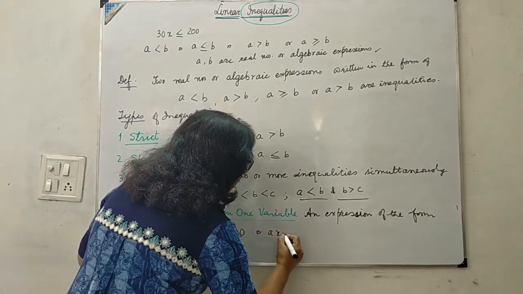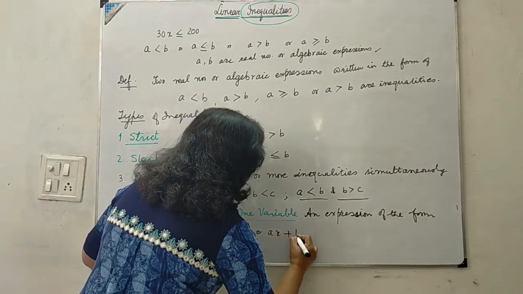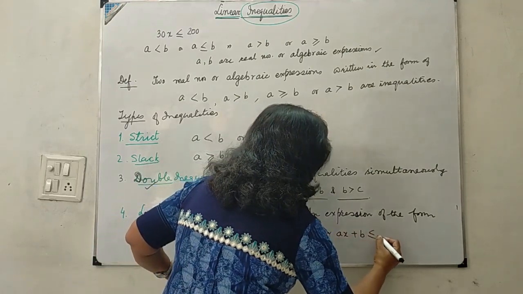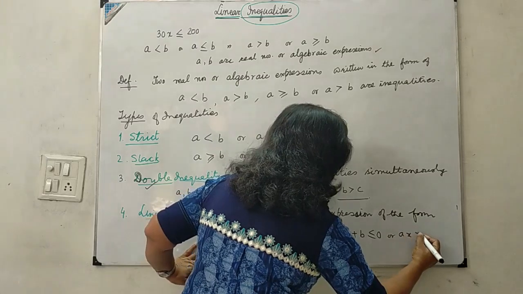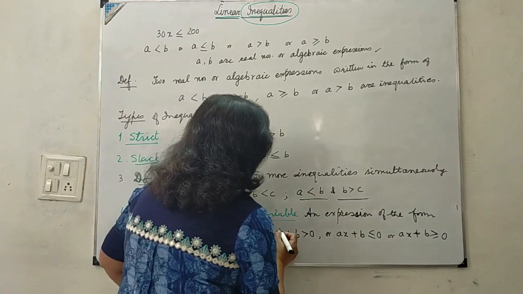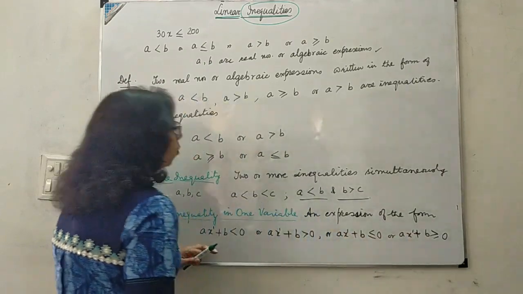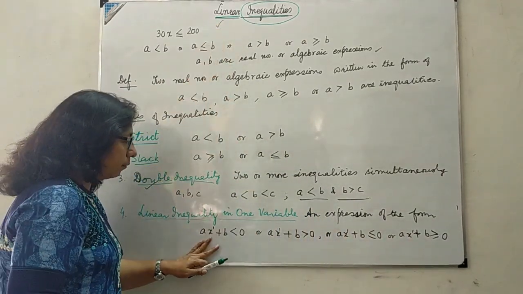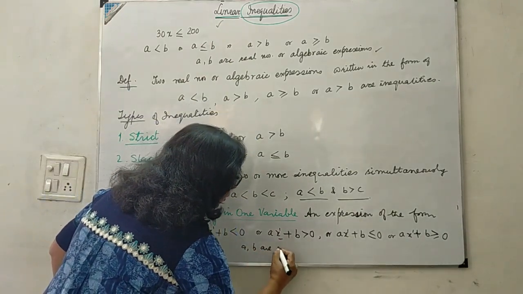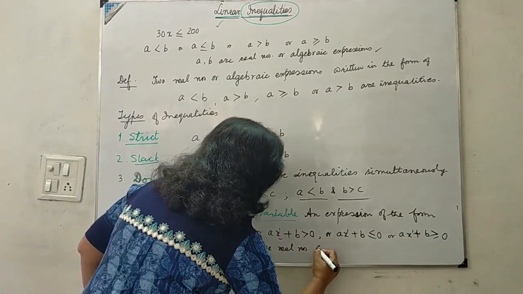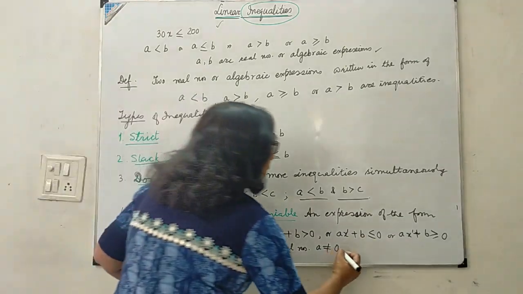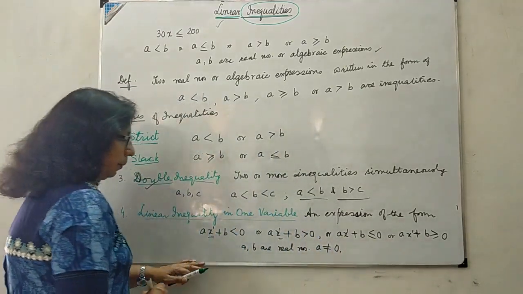Or ax plus b greater than 0, or ax plus b less than or equal to 0, or ax plus b greater than or equal to 0. All have x to the power 1, that is why they are called linear, and in one variable because there is only one variable, where a, b are real numbers and a is not 0, only then it is the term x, and b can be any real number.